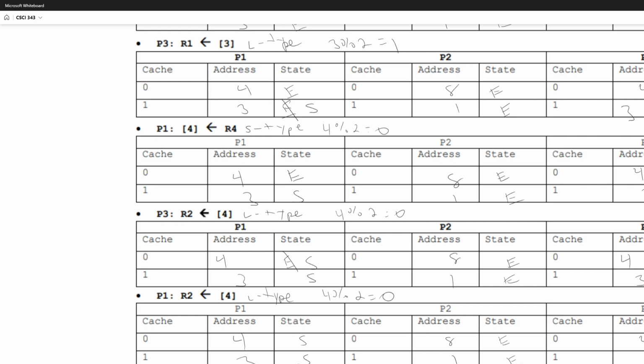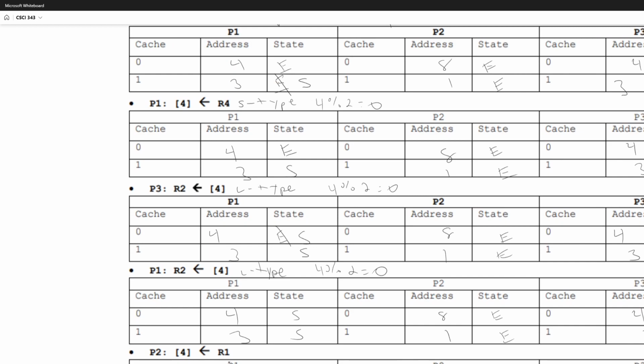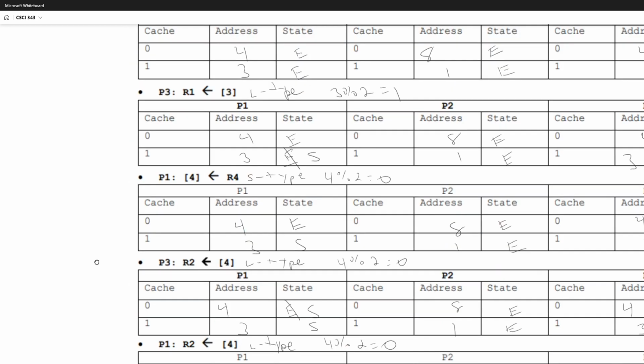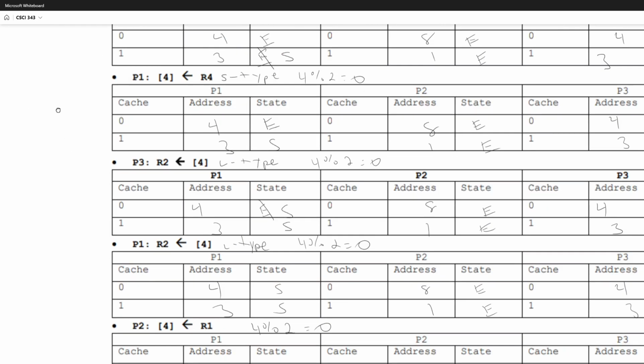And then finally, processor 2 is going to write to address 4. So 4 mod 2 is equal to 0. Does it have it? It does not. So that's a write miss, and that means we have to allocate on write miss.